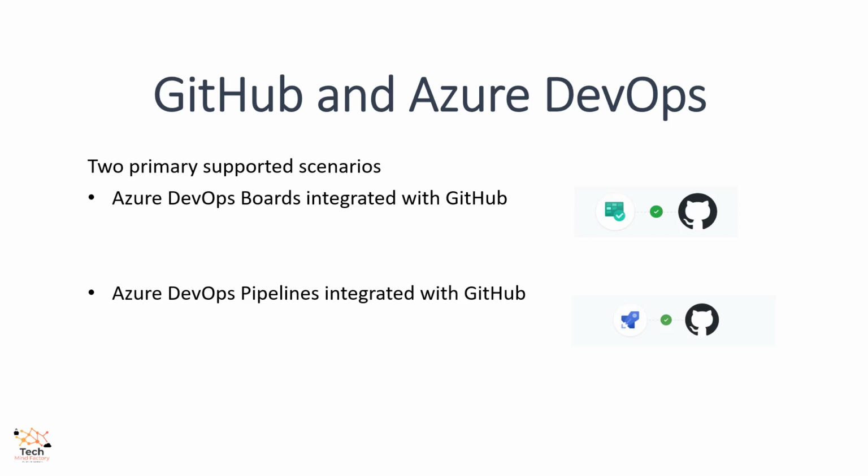So this is another kind of integration that is possible. Of course, it has to be established, but once GitHub and Azure DevOps are connected, you can, after closing a pull request, for instance, trigger a build in Azure DevOps, and then you can release to a specific environment using Azure DevOps pipelines.